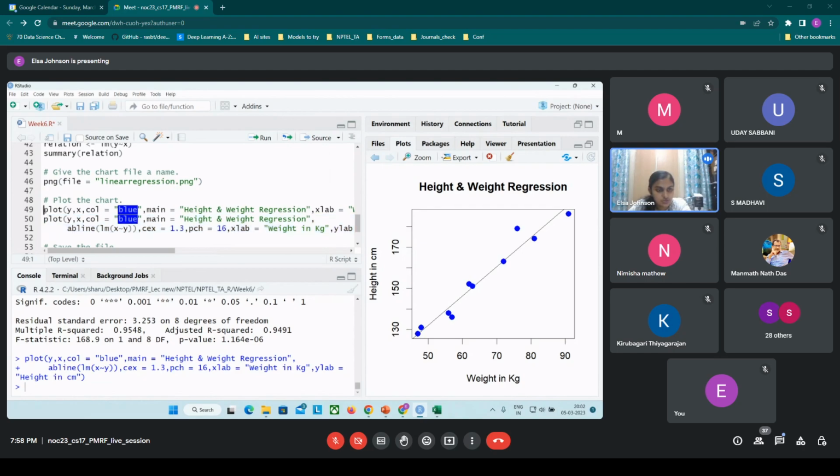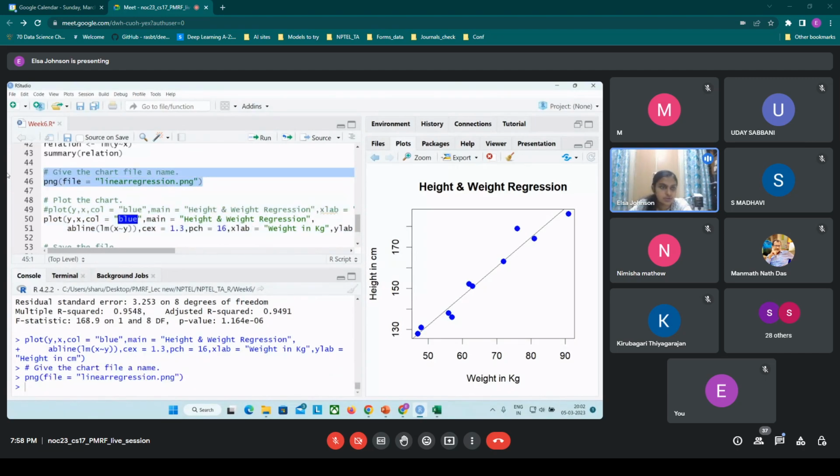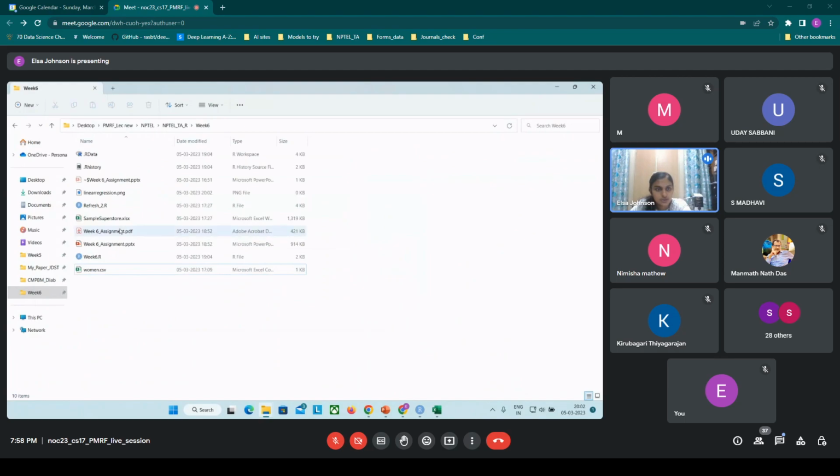Wait for a minute. If I do it like this, give the chart a file name: png, file name equal to linear regression.png. What will happen is that a file will be created in the working directory. Right now it's showing as 0 bytes because it's just a file which is created.